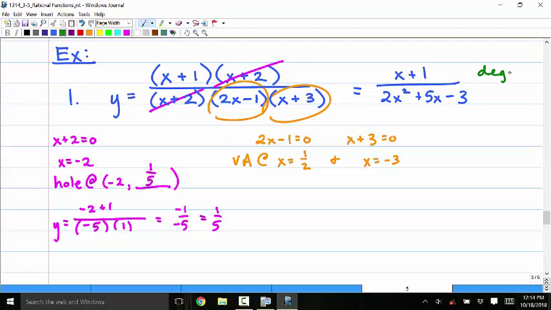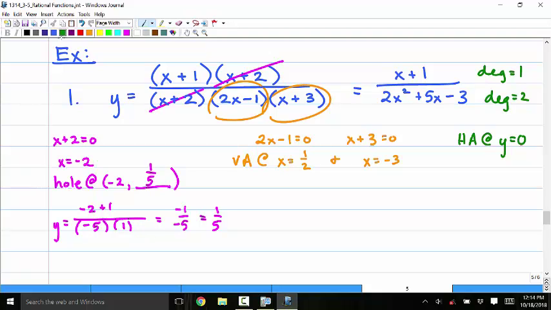The degree of the numerator is 1 because it's x to the first power. The degree of the denominator is 2 because I had a 2x squared. The degree of the numerator is smaller than the degree of the denominator. So I have a horizontal asymptote at y equals 0. Do I have any slant asymptotes? No. I have a horizontal. I cannot have a slant.